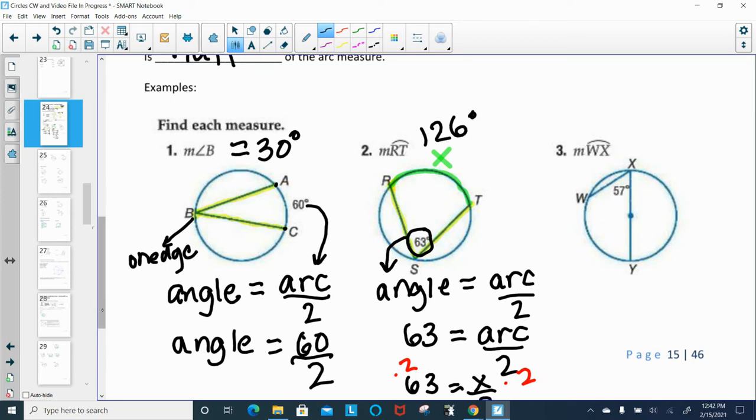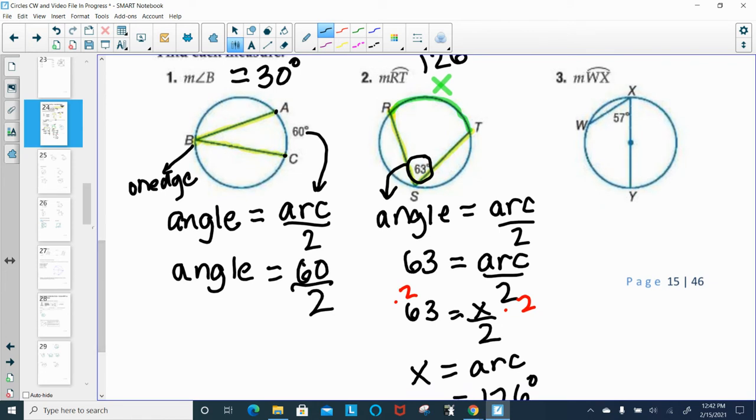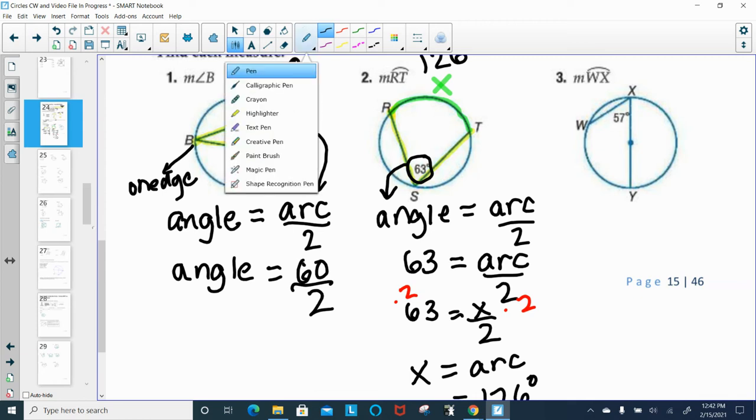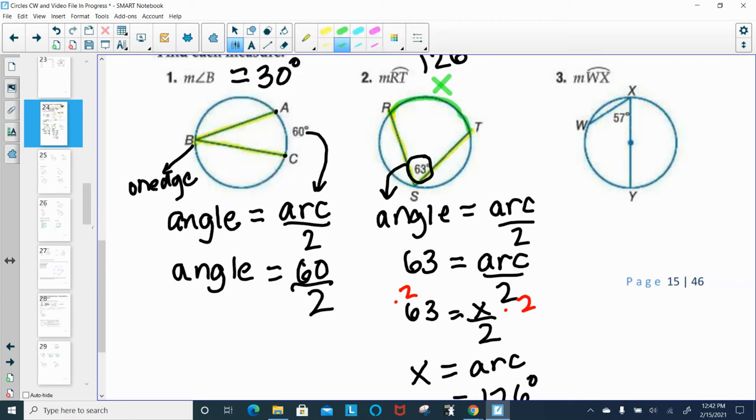Now, this third problem is a little tricky because they want arc WX, and WX does not belong to an inscribed angle. In this particular case, this is our inscribed angle, and it belongs to arc WY.